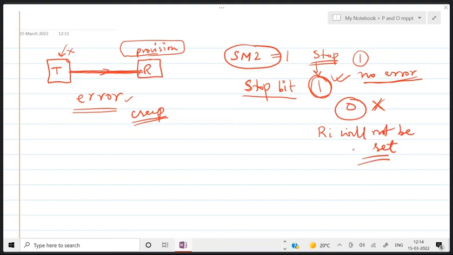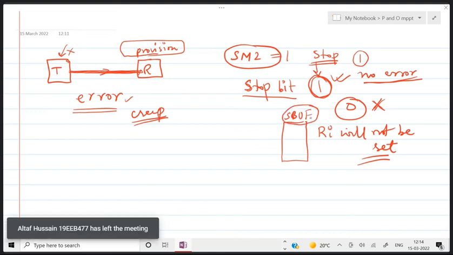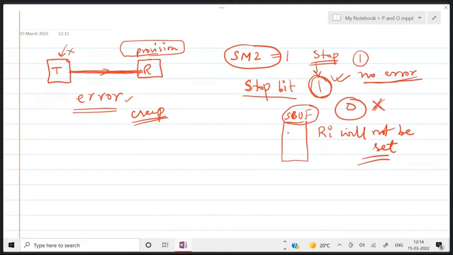That means there won't be any interrupt in the microcontroller, and the data that has been captured in SBUF will remain as it is. It won't be copied and it won't go for further processing. Whenever the next data comes, it will be overwritten on the SBUF register.